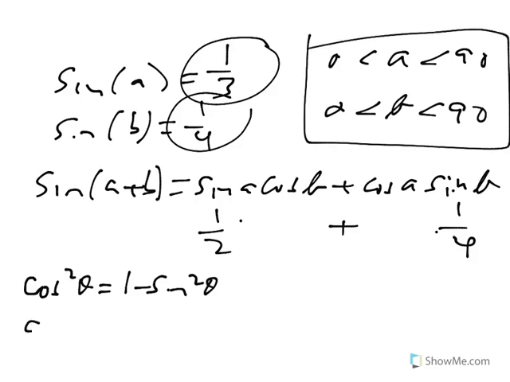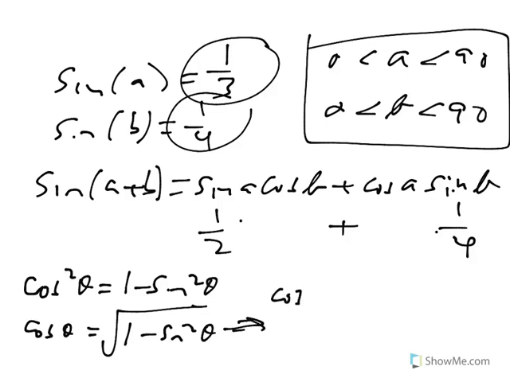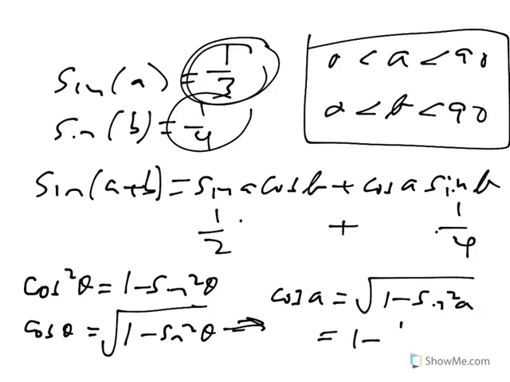So I can calculate cosine theta as the square root of 1 minus sine squared theta. So that means that cosine of A is the square root of 1 minus sine squared A. But sine A is given to us, so it's 1 minus 1/3 squared, which is 1/9. So we end up with square root of 8 over 3.